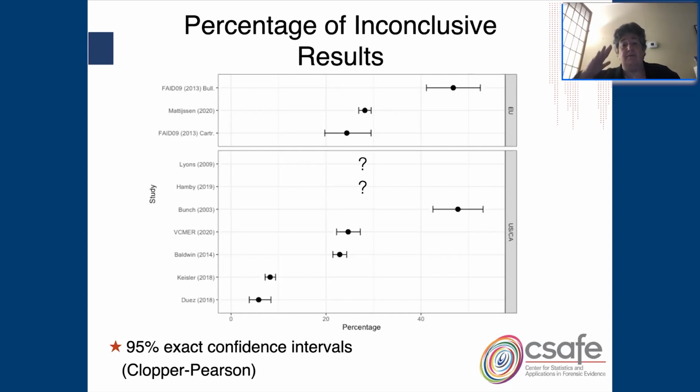Some studies go much beyond those 25% and are closer to 50%. Some 55, almost 60% inconclusive. So almost more than half, almost 2/3 of the comparisons from Bunch and FIDE, the bullets, resulted in inconclusive results. So that means that inconclusive results, these kinds of conclusions, happen, they're quite prominent, and we need to figure out what to do with them when we're talking about error rates.